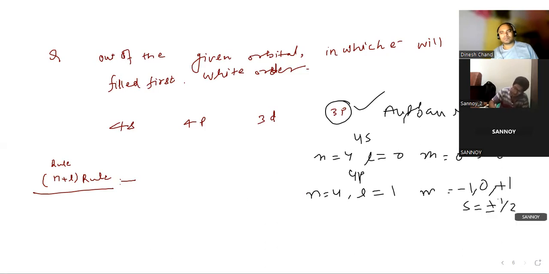By this way we find which has the n plus l values, like this one has 4, the next one is 5.